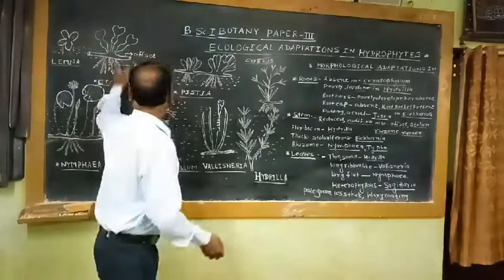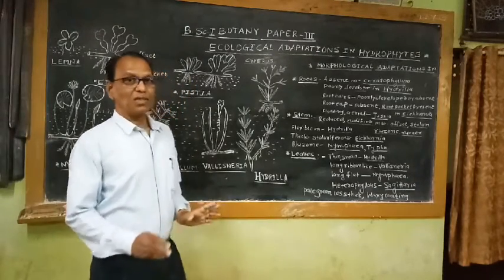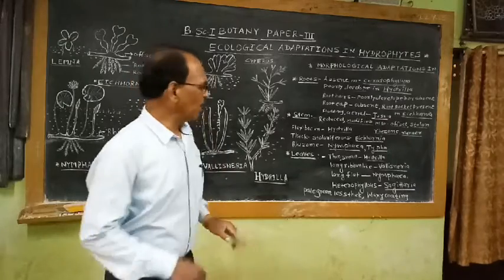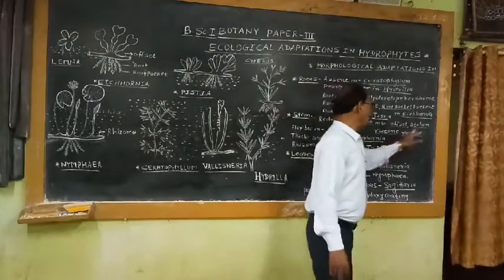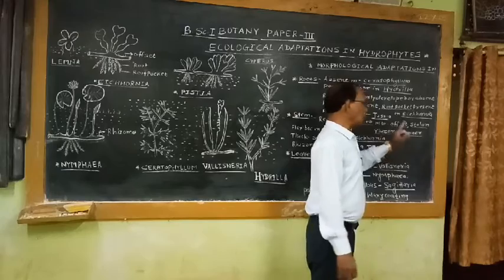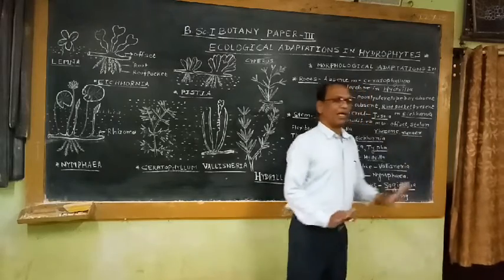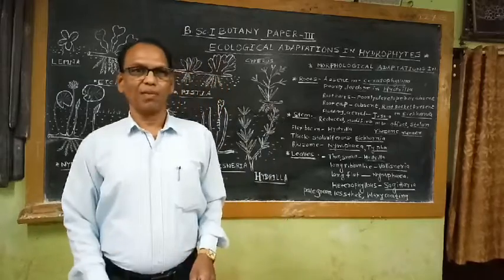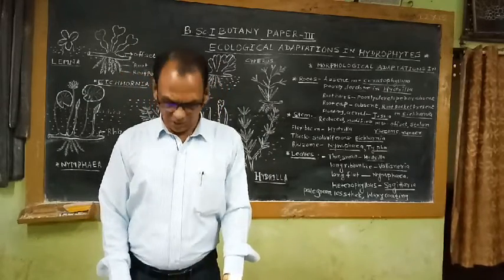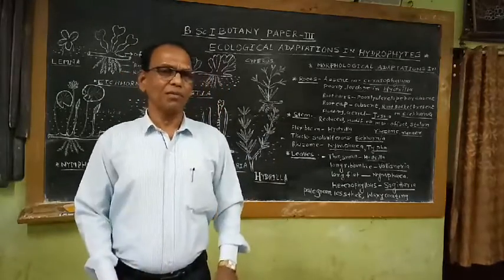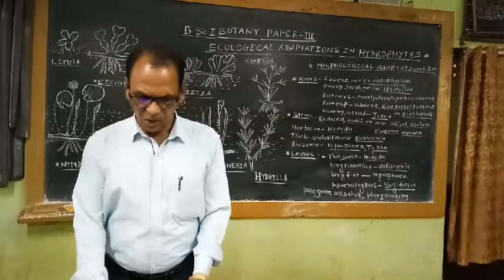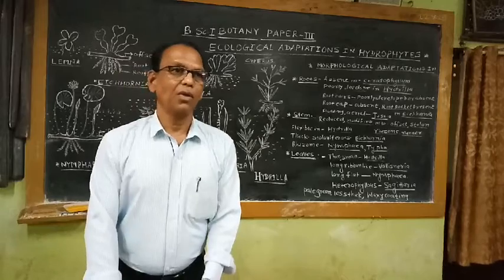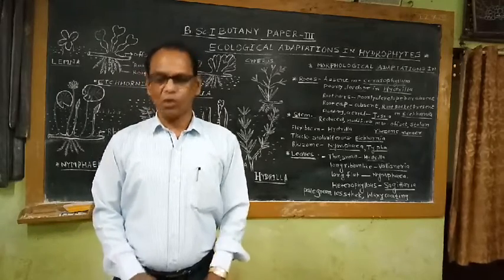Either an offset, a stolon, a rhizome, or a runner may be there. These modified stems take part in vegetative reproduction. So this is the adaptation or modification shown by aquatic plants in case of reproductive structures.